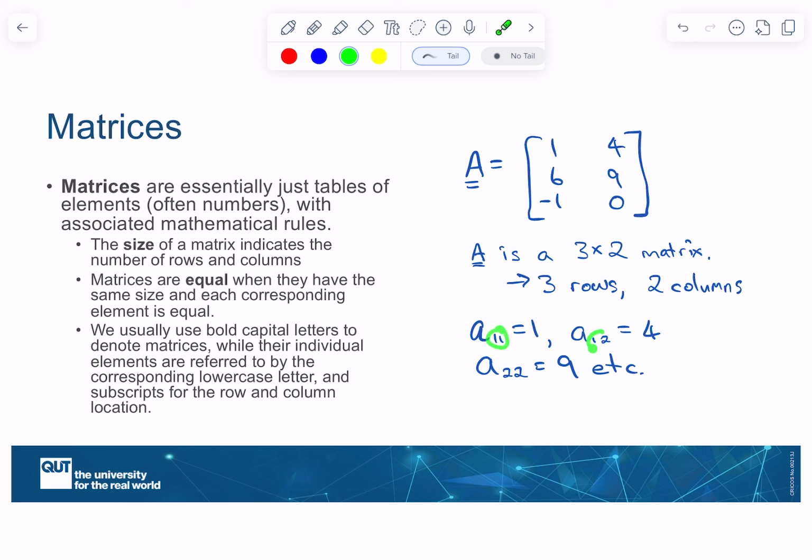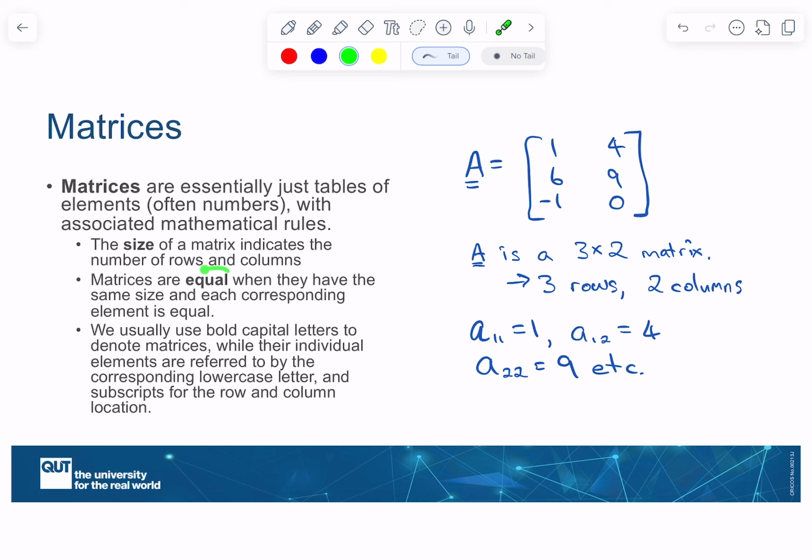And these numbers here tell us which row and column we're talking about. So a11 means I'm talking about row 1, column 1, which is just the number 1. a12 means I'm talking about row 1 and column 2, which is number 4. a22 then would be row 2, column 2, which is a 9. And so on for the rest of them as well. So that's how we refer to elements.